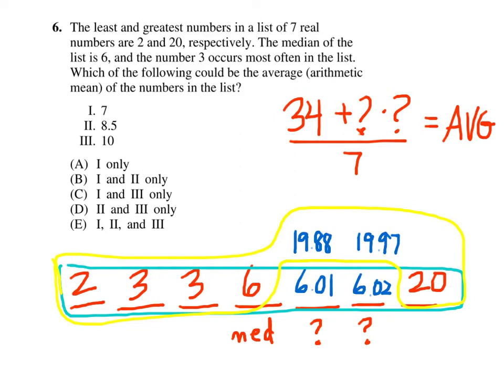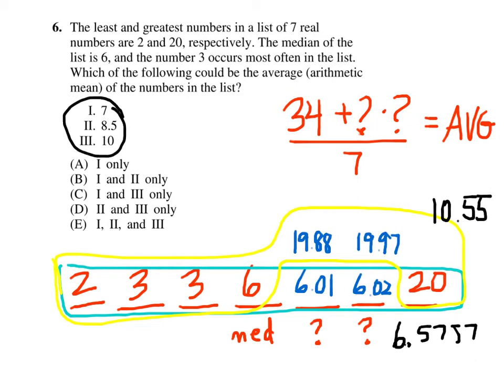Okay, so I did it, and if you average the larger numbers, it comes out to be 10.55. And if you average the smaller numbers, it comes out to be 6.5757. So that tells us that the average could be any of these 3 numbers.